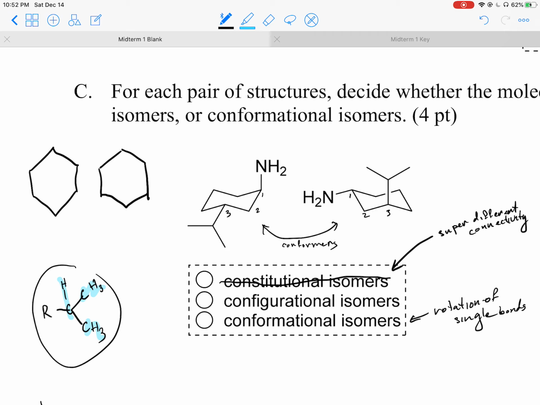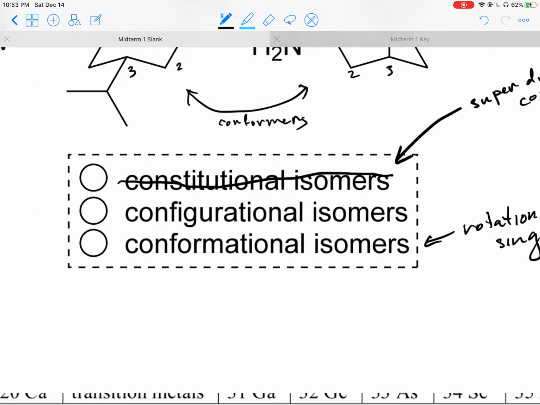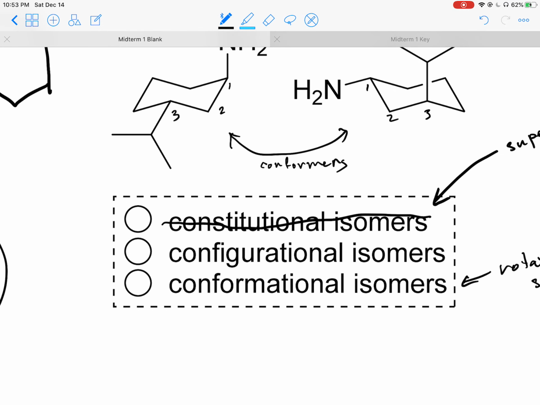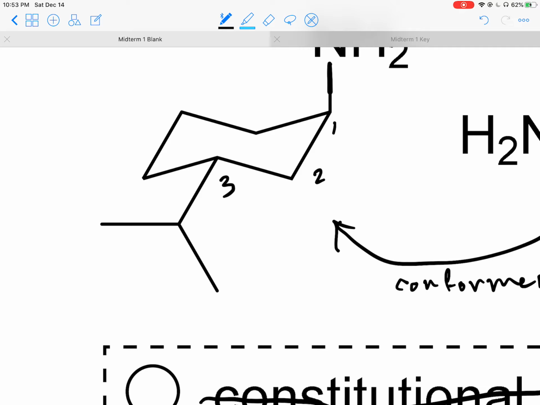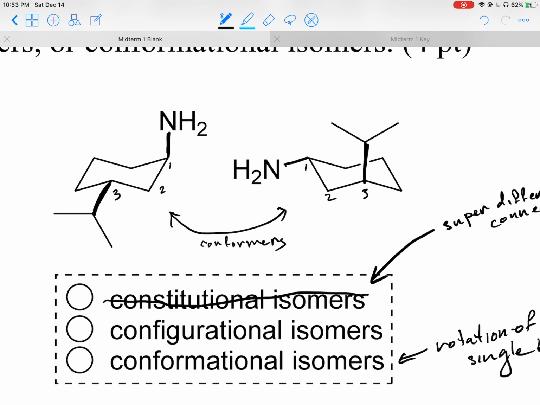Yeah, there's stereoisomers. What does it mean for this case? Oh, okay. Okay, so if it was configurational isomers, since we haven't learned R or S yet for this exam, it would be like, since this one is up for the NH2 and down for the isopropyl, and this one's up for the isopropyl and down for the NH2, those aren't configurational isomers.